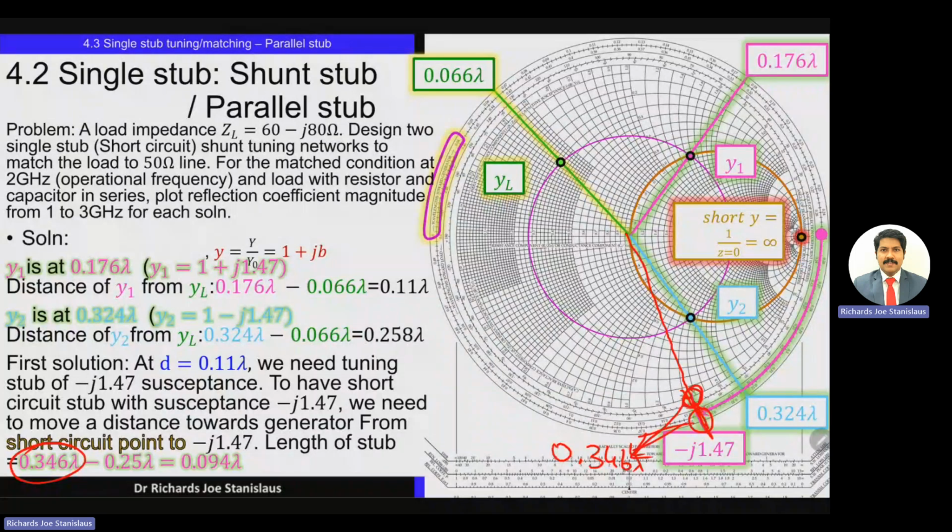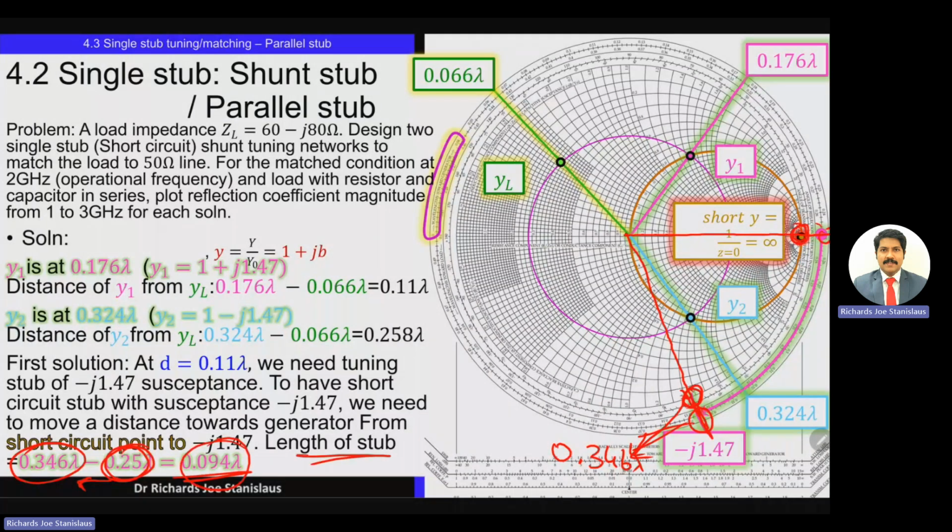Starting point is the short circuit point, which is the rightmost point of the Smith chart, right? So connect the center and the rightmost point, just extend it. So 0.25 is the starting point. From the starting point of 0.25 for the short circuit, we are going to a point where the value is 0.346. So 0.346 minus 0.25 lambda will give us the length of the stub as 0.094 lambda.